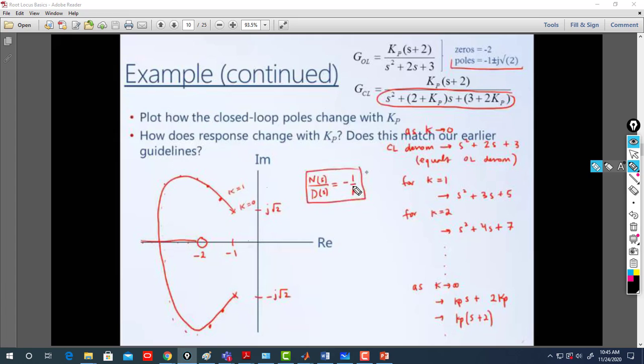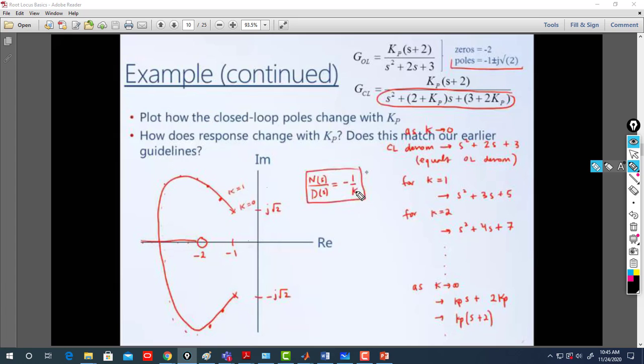I said we reach here now, right? n over d equals minus 1 over k. Basically, what I said means if you pick a value for k, then you will find, so hear me well, a value for s that is on the root locus.